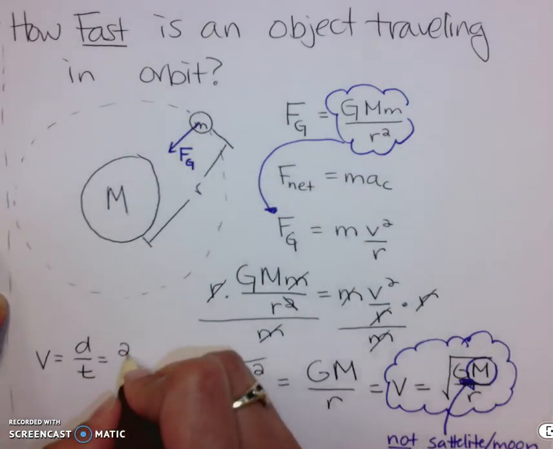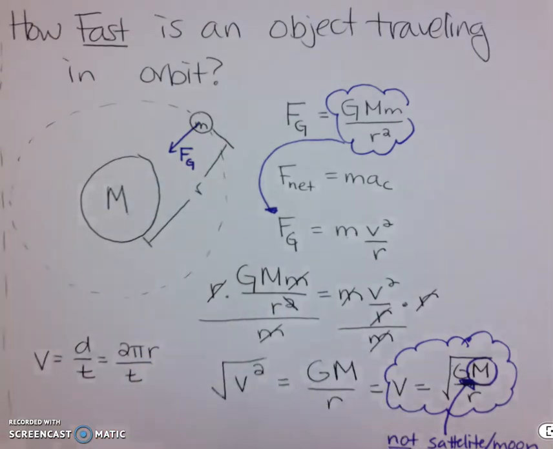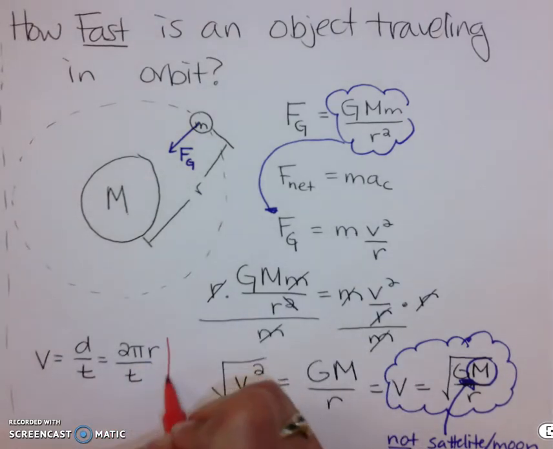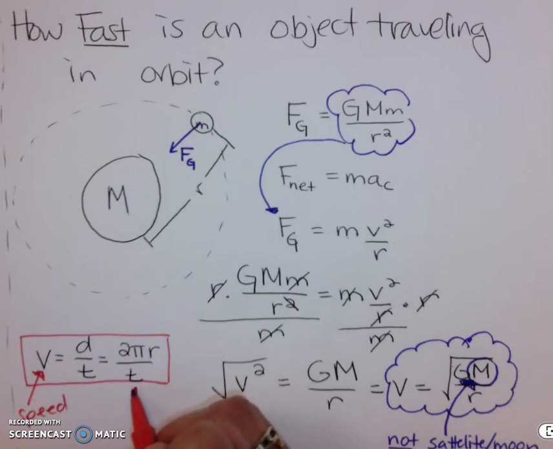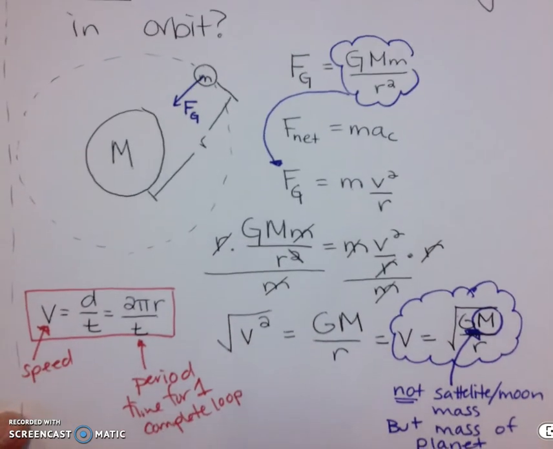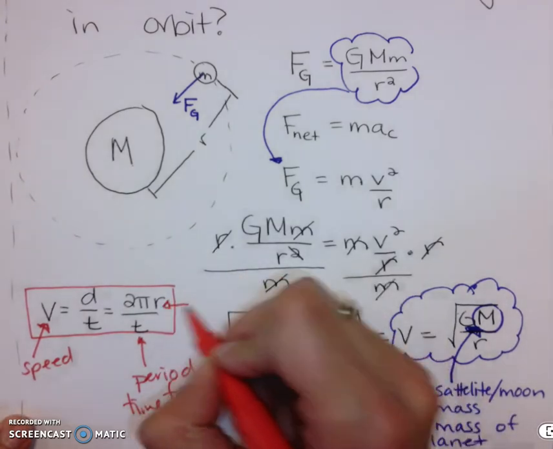So that would be 2 pi r over T. And so this equation here is also very useful. This would be the speed. T here would be the period of the orbit, or the time for one complete loop around the planet, and r would be your orbital radius.